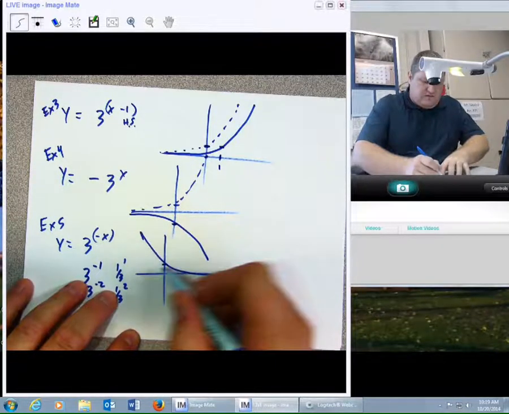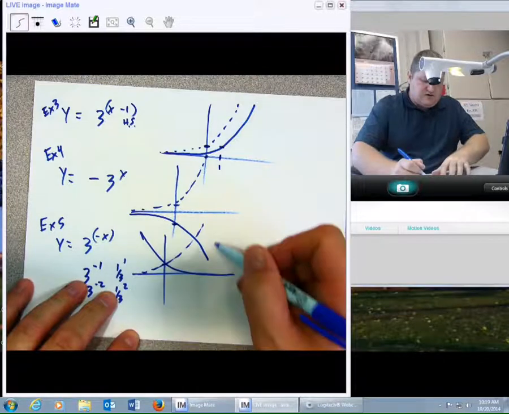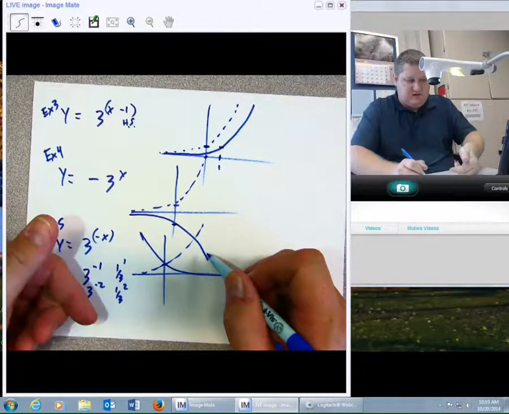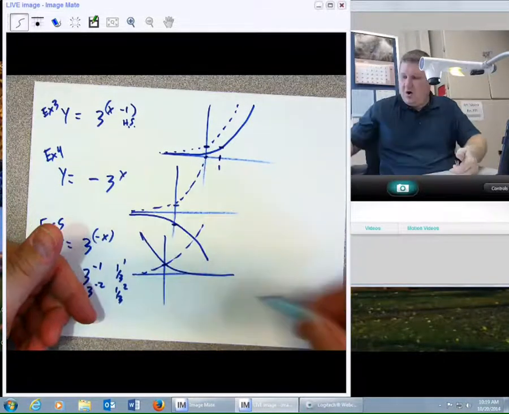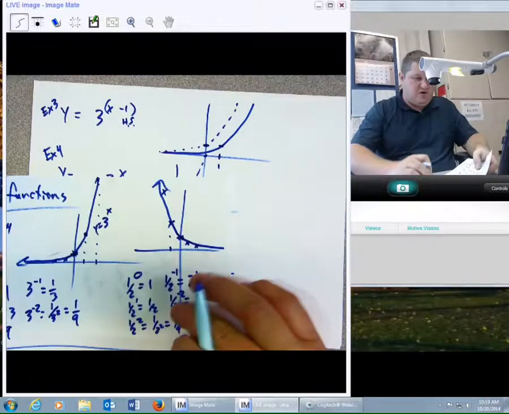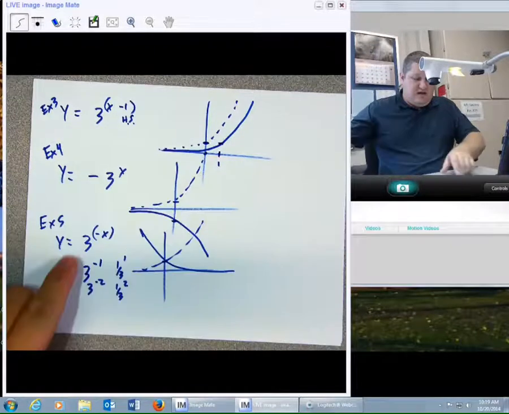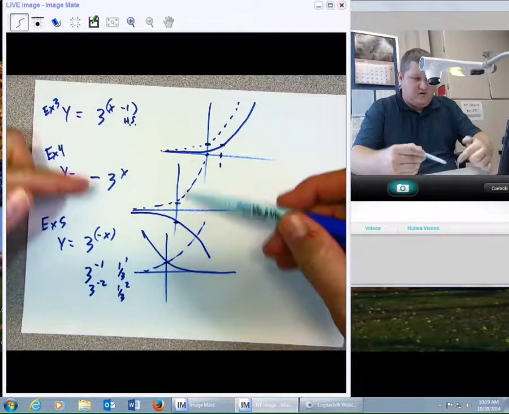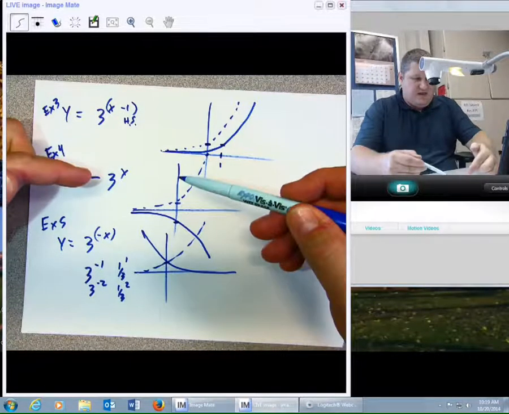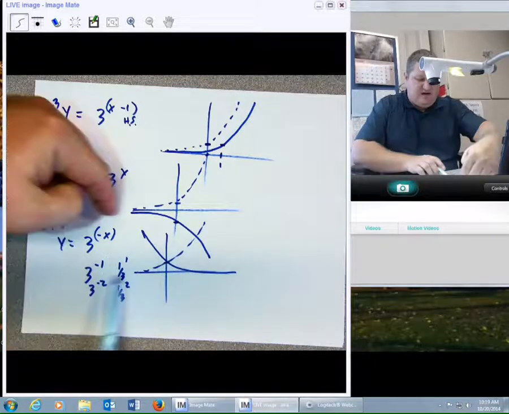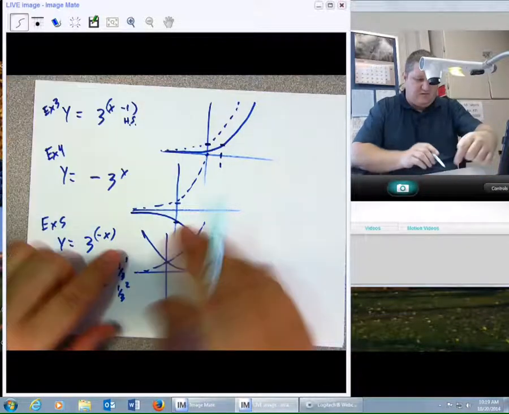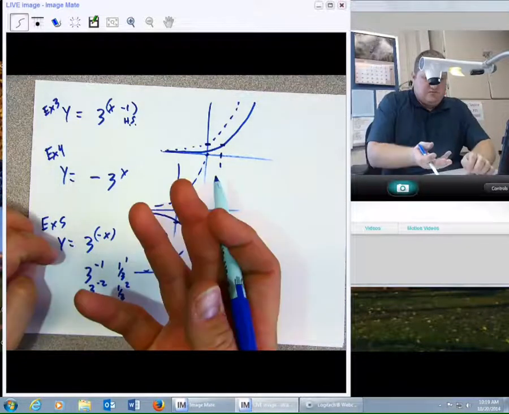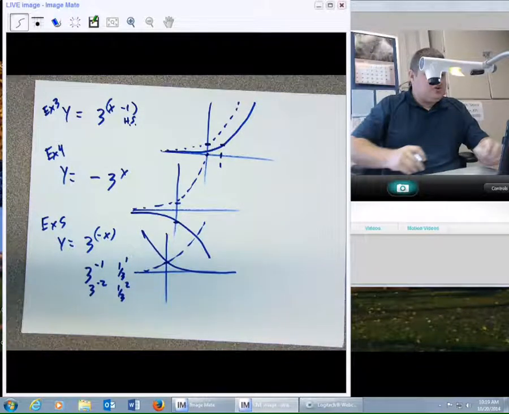So instead of rising like it should, the negative up here basically turns it over, making it fall just like we talked about earlier. And it does make sense because if the negative is out in front, it flips over in the y. If the negative is in with the x, it flips over in the x. And so it flips this way. Okay, so some basic graphing.